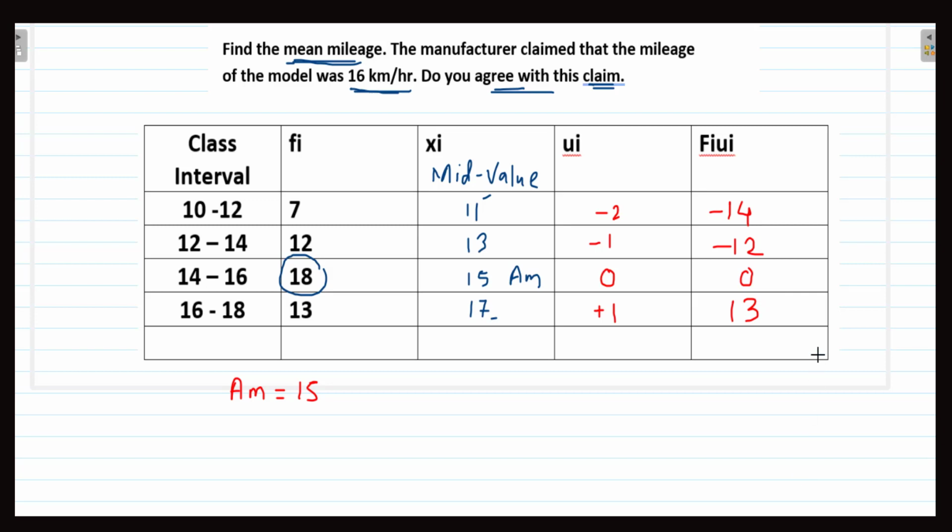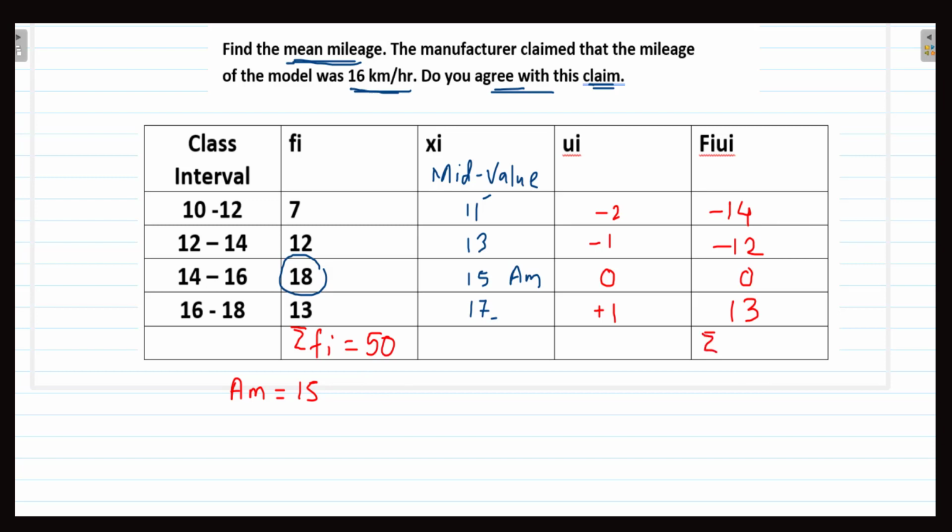Now we have got the Fi ui. We have already been supplied with Fi. So summation of Fi is the total, which is given as 50. It is given already in the question, so it is 50. Then we take the sum of Fi ui.